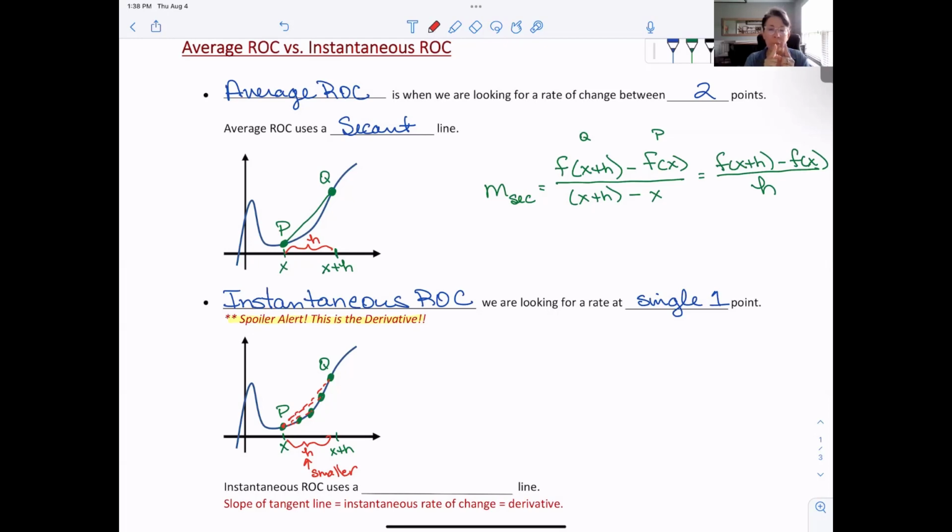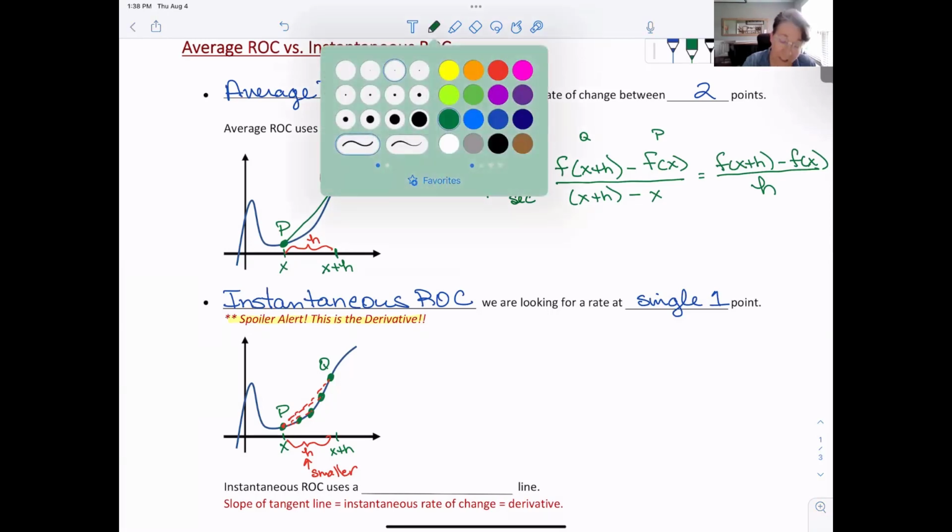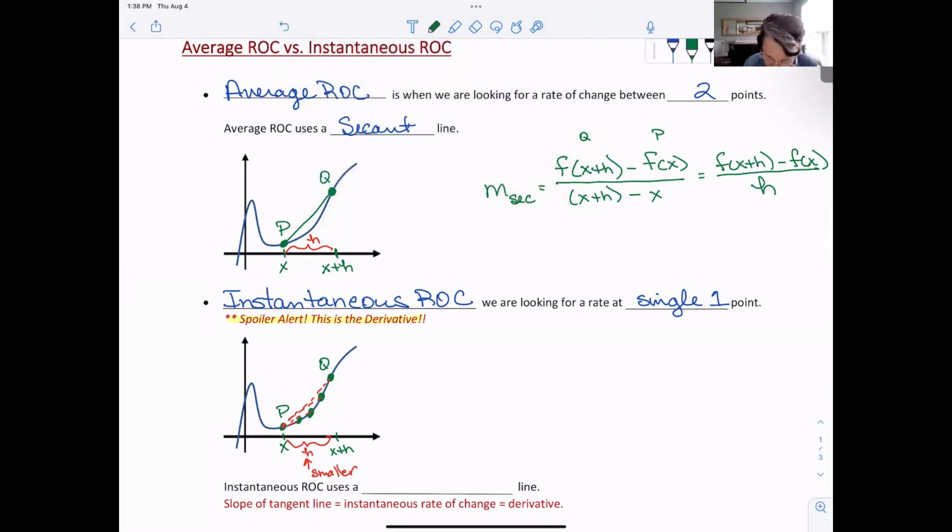So we're getting really, really close to P in the very next point, even though theoretically there's no such thing as a very next point. So if we're looking at the slope of the tangent line, we're going to take the limit as that distance between our x's gets closer and closer to 0 of that difference quotient. When you take the limit, that's the definition of an instantaneous rate of change, or a rate of change at one point.